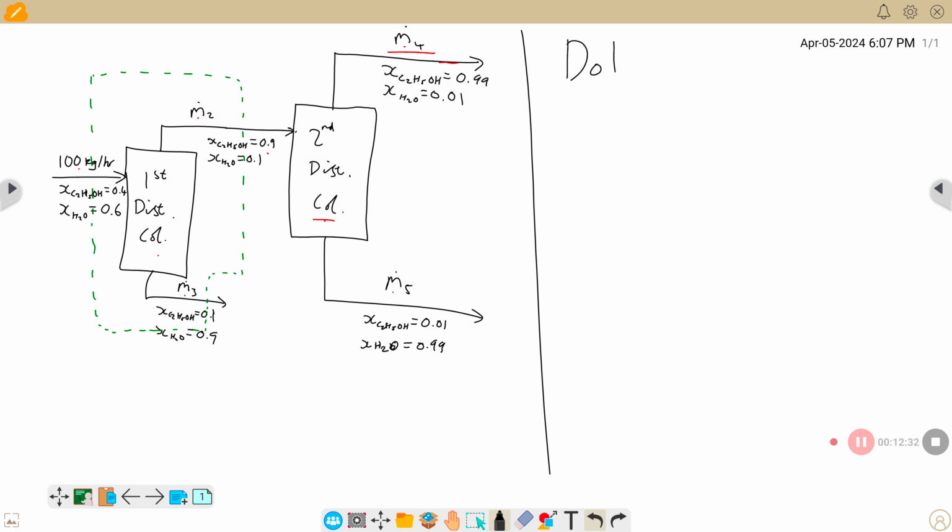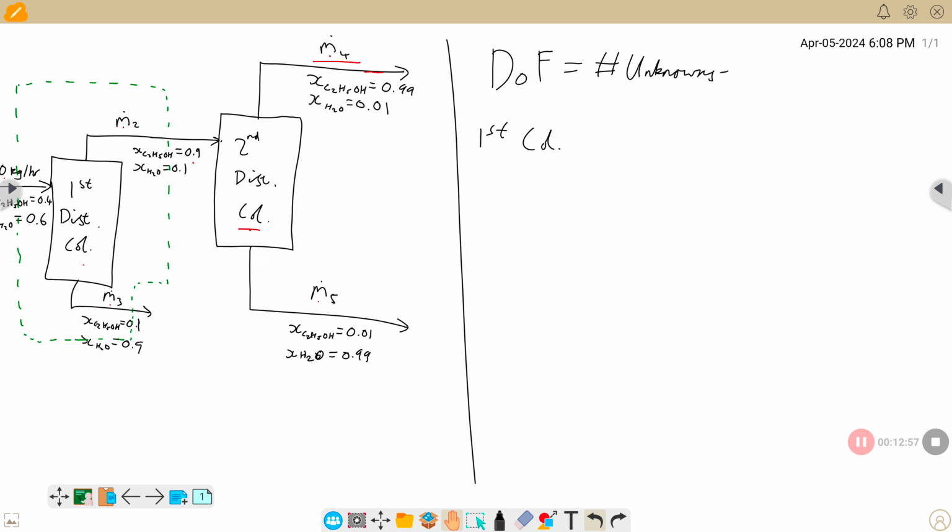Let's just write DOF first column here. So if you remember degrees of freedom, we take the number of unknowns. Let's write this out actually. Degrees of freedom equals number of unknowns minus number of independent balances.